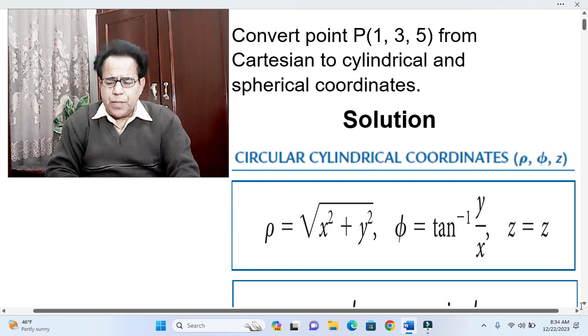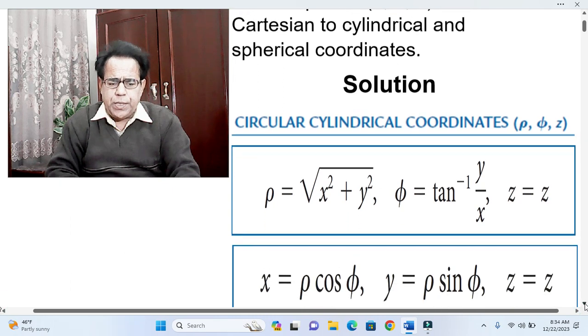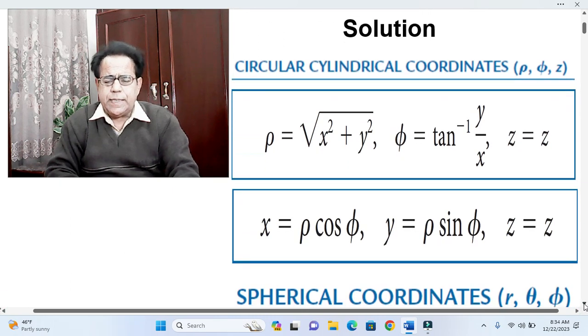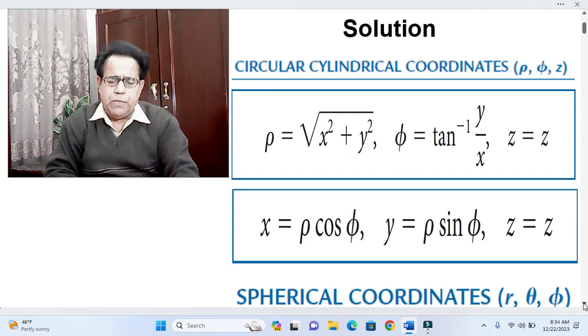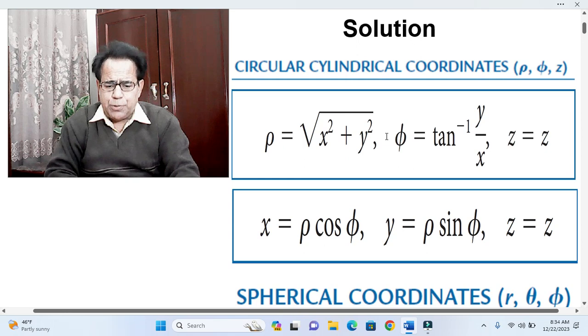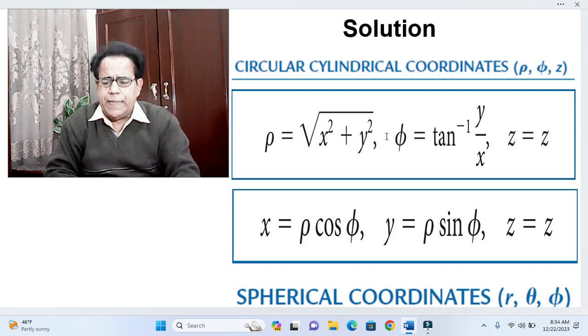Before going to the solution in a formal manner, we first go through a few snapshots which will provide us a foundation for the solution of this problem. The first snapshot is about circular cylindrical coordinates rho, phi, z.